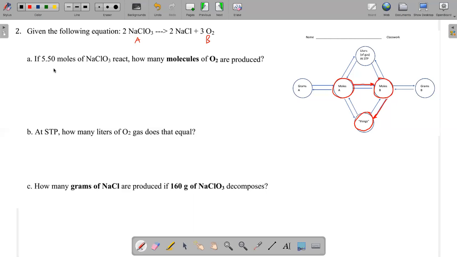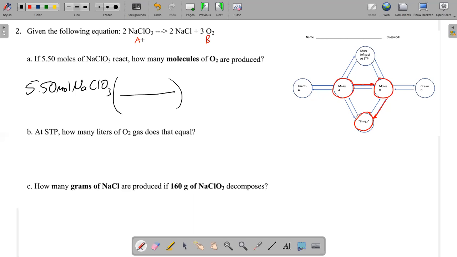So all the time, whatever value you begin with, like 5.50 moles NaClO3, you write both of those things, both the unit for the quantity and which chemical it is. And because we need to convert from one chemical to the other, and we're already in moles, you can straight up use a mole ratio first.